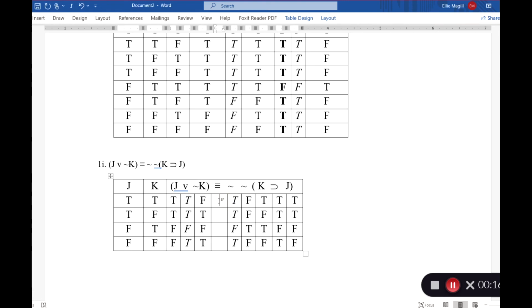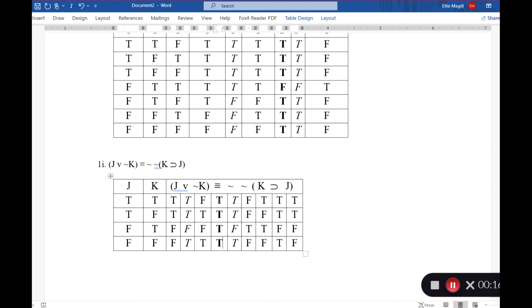So remember, a biconditional is true when the truth values of the two sides match, and it's false otherwise. So here we have true for both, false for both, which makes it true, and then true for both, which still makes it true. Those truth values match on every row. So the biconditional is true on every row.